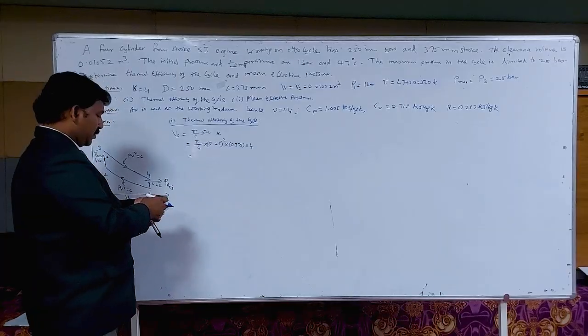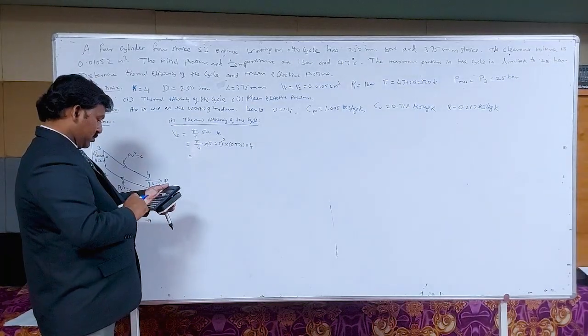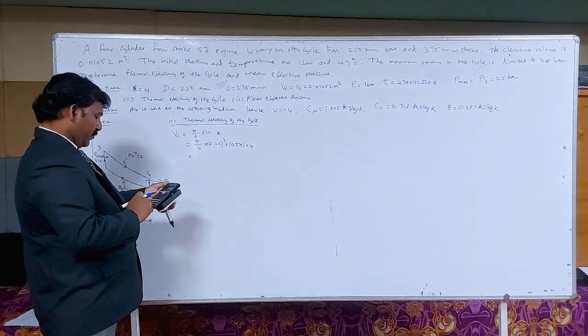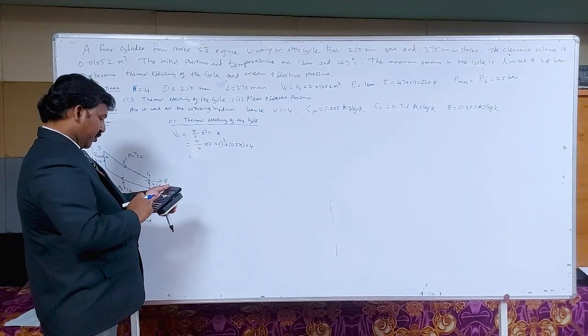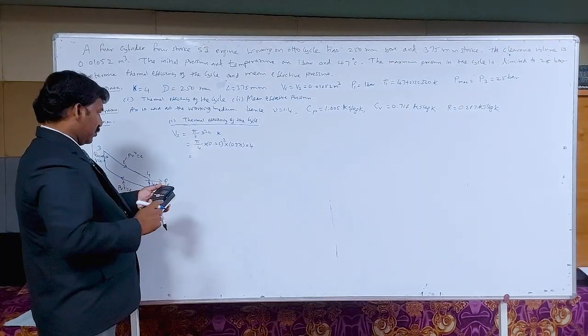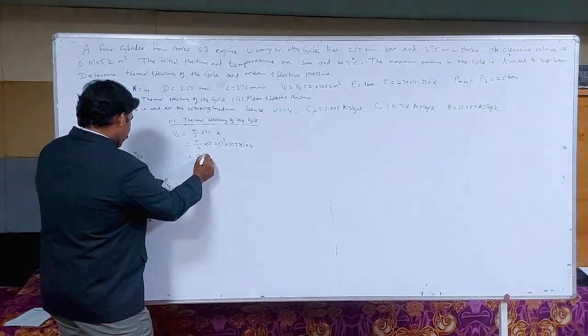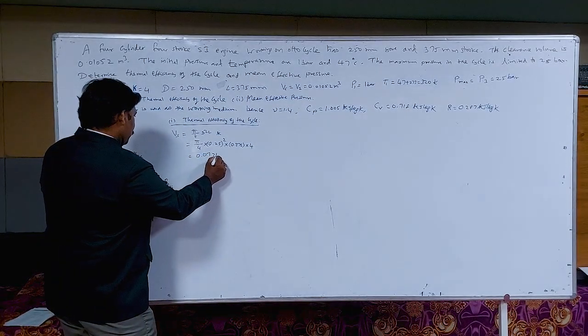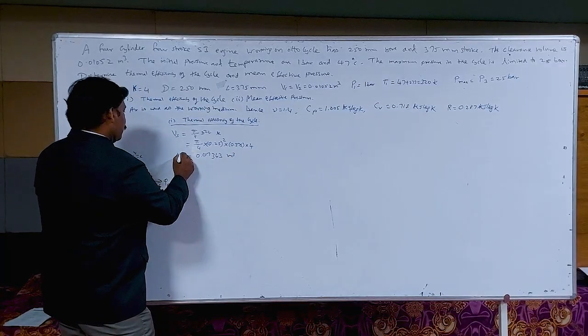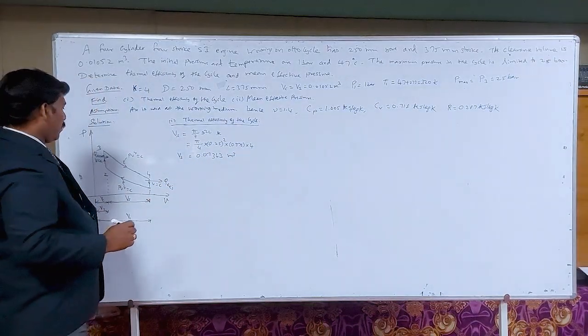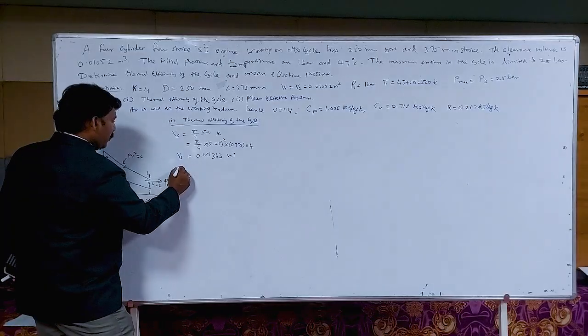So you will get pi divided by 4 into 0.25 square into 0.375 into 4. So you have 0.07363 meter cube. This is Vs. Now we have to find out V1.